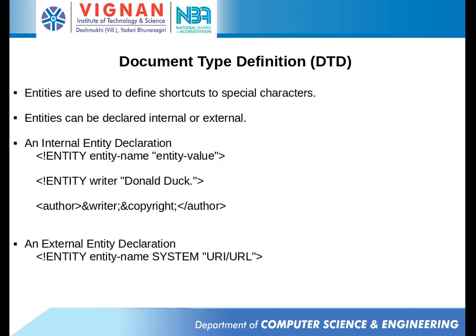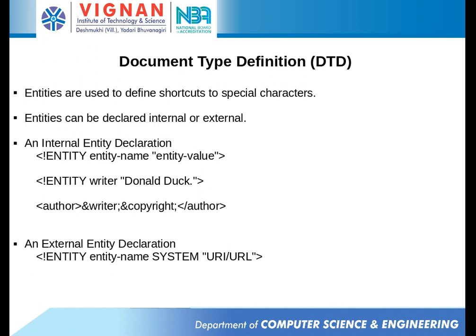Now coming to the third building block of XML, entities. Entities are generally used to define shortcuts to special characters. When we want to define an entity, we define it by using an ENTITY tag, space, entity name, and its value in double quotes.